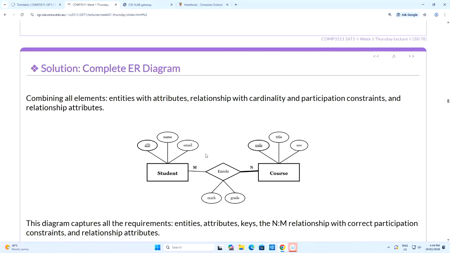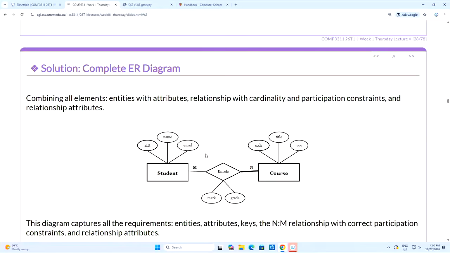Wait, a student can only enroll in one course, and we draw the arrow on the student side, because if we draw the arrow on the course side, it means that, yeah, what did you say? You got it right. I'm just confused about the arrows. I'm wondering where it goes.